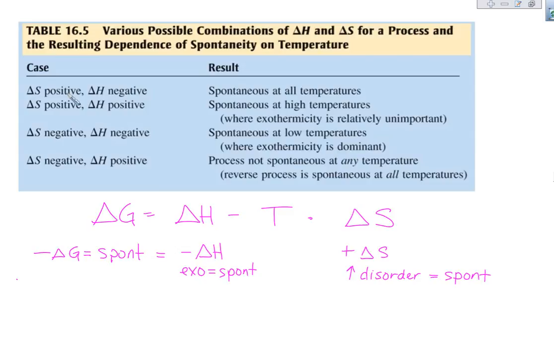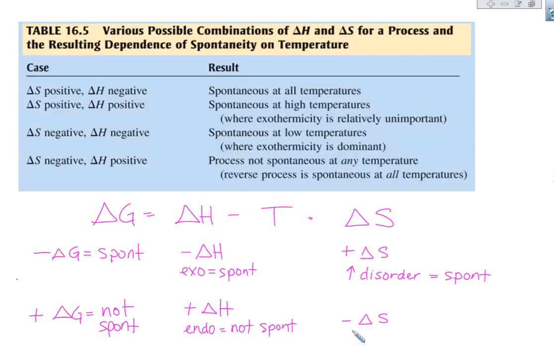When this is positive, if we have a positive delta G, it's not spontaneous. Okay, so let's look at the variables that would make this not spontaneous. What if this was positive? If this was an endothermic reaction, that is not spontaneous. And what if this was a negative delta S?